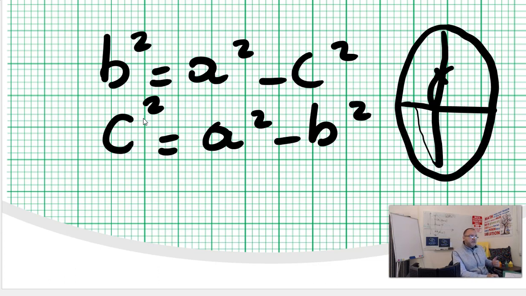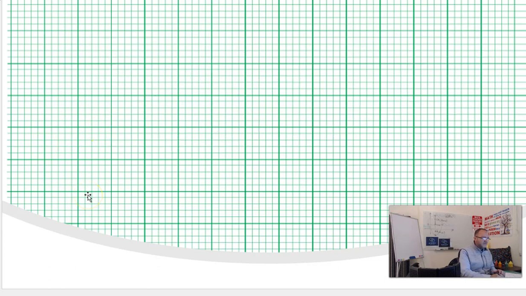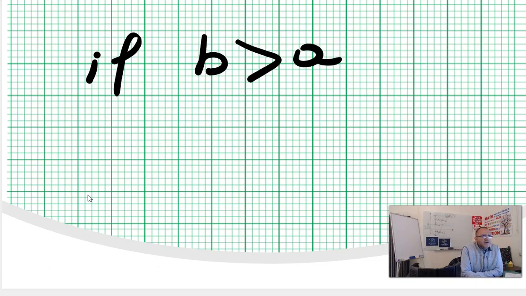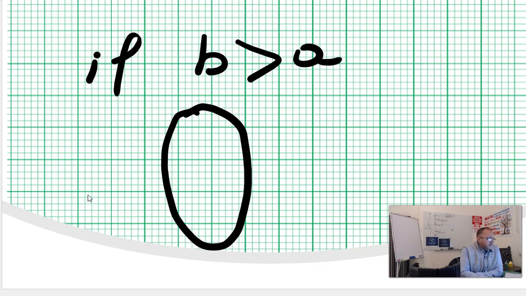But if you go with these ideas that you want to memorize and what's in the textbook, if b is larger than a, okay? And then you keep this right here, and then you go like that, you will get yourself confused.